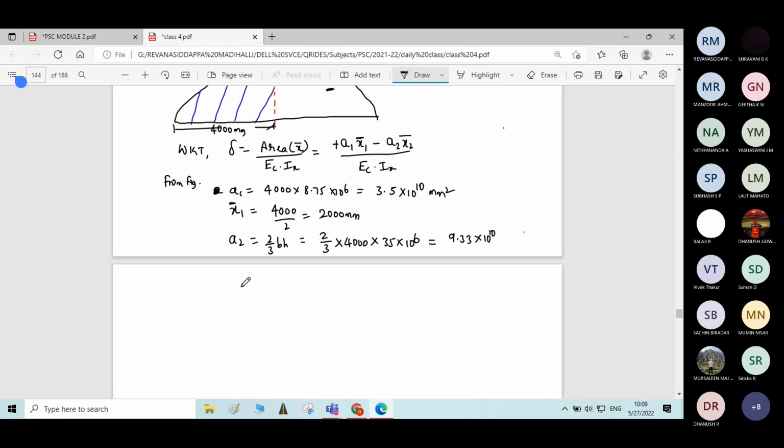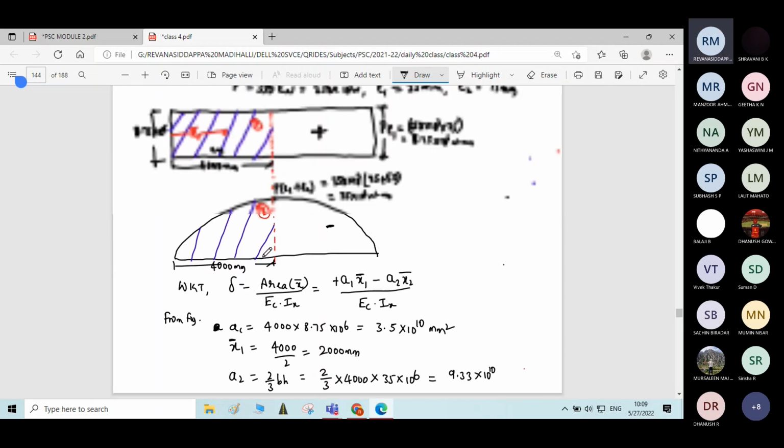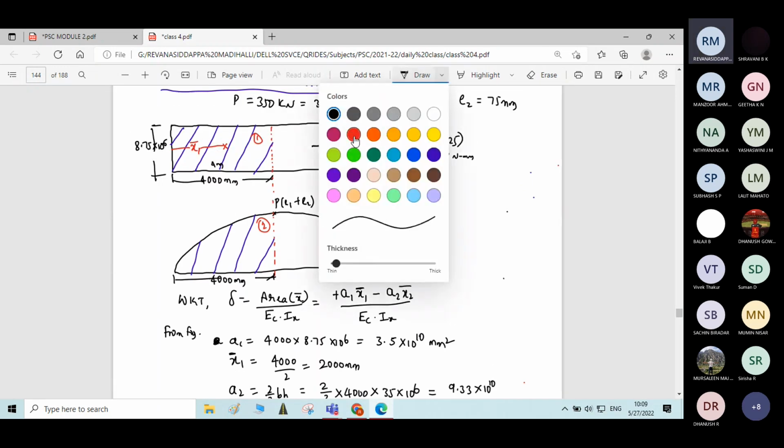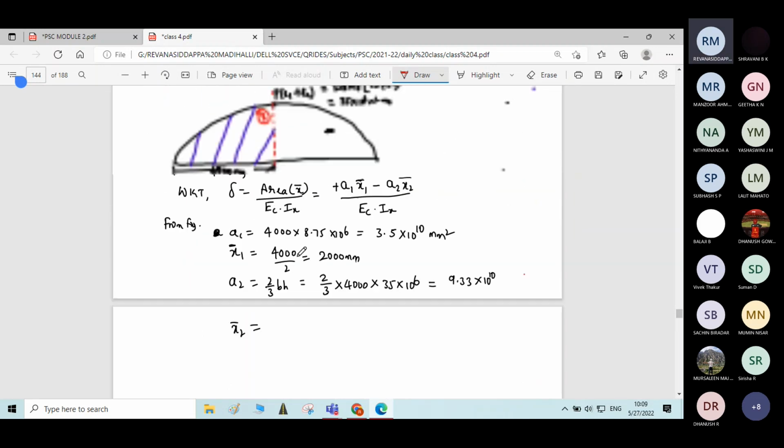Then x2 bar we want. X2 bar means what? It is distance of centroid of component 2 from nearest support. This is x2 bar. So for x2 bar we have the formula, that is 5 by 8 for parabola.